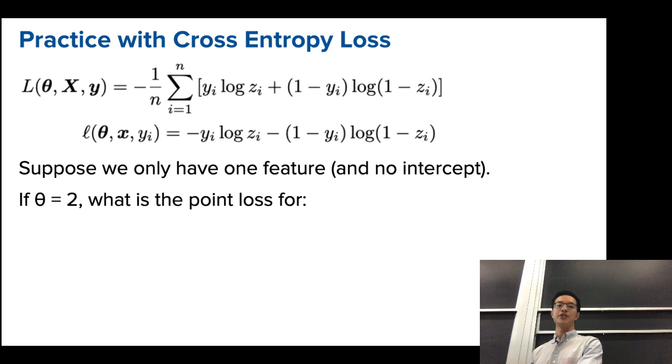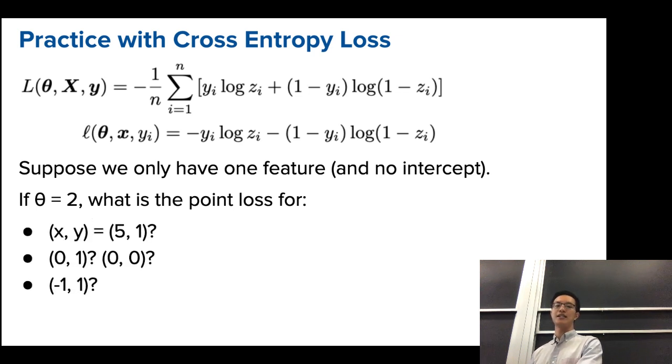If theta is equal to 2, please compute the single point losses for these 4 points that I have here. Okay, so I have here the points (5, 1), (0, 1), (0, 0), (-1, 1). So try plugging in these numbers into the model to see the model's predictions, and plug it into the loss to compute the little l loss for each of these points.